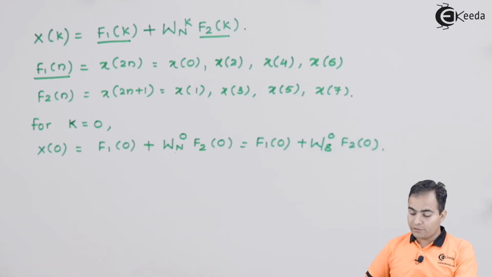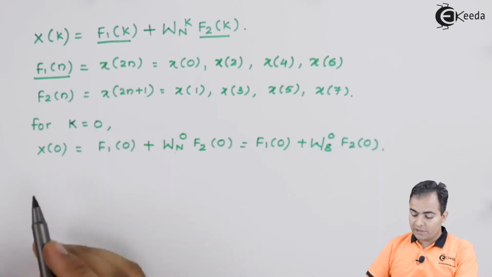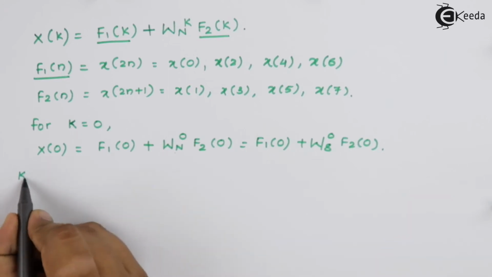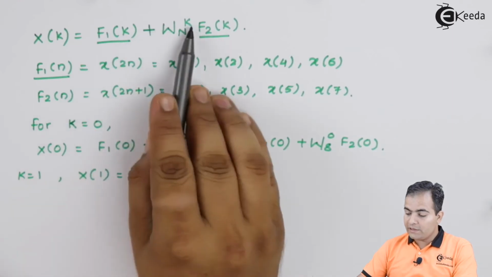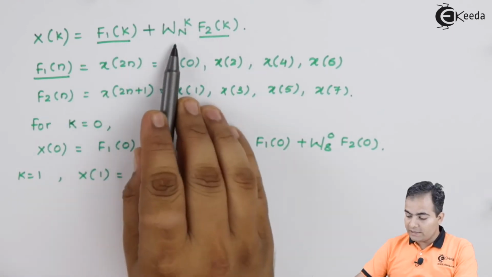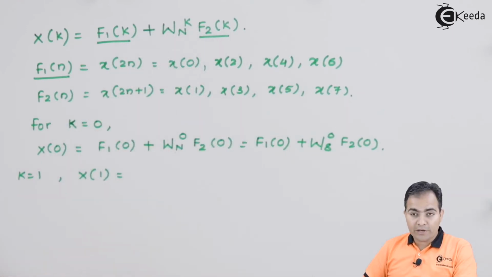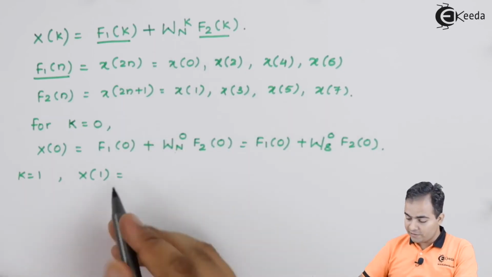Now I'm going to substitute the next value for k, that is 1. So all this k is replaced by 1, and this n, as I said, I'm calculating for 8-point DFT, so this n is replaced by 8.